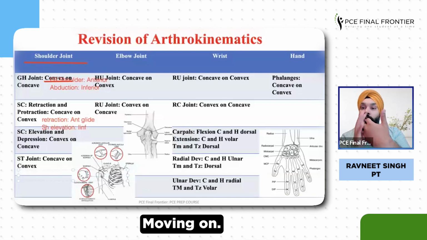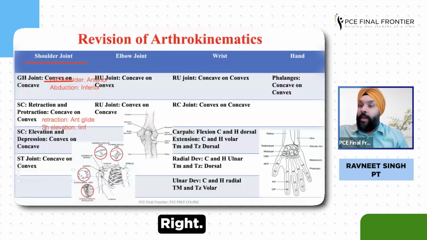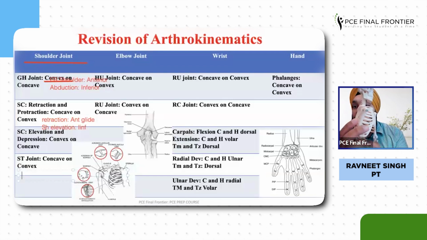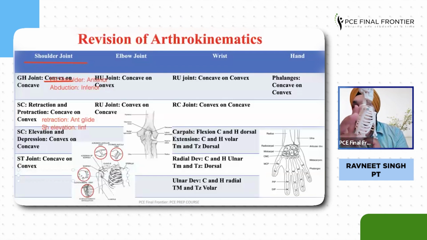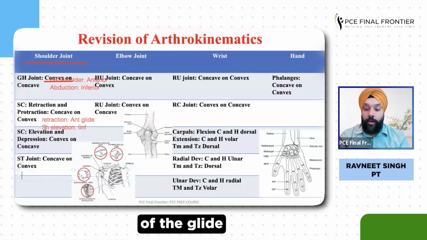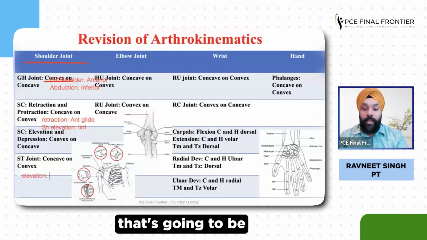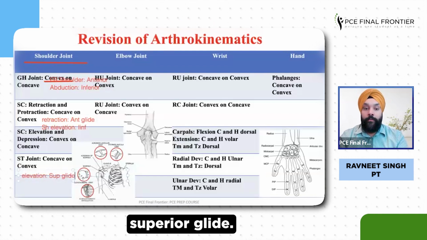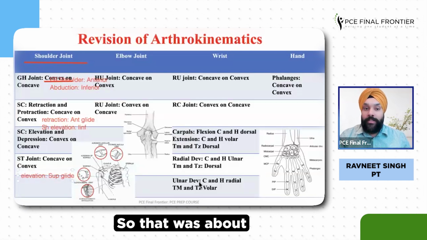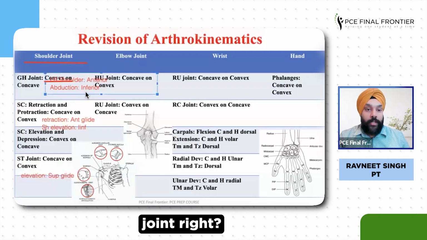That's concave moving on convex, right? So that's gonna be same direction of the glide. For elevation, that's gonna be superior glide. Very good. Great work. So that was about the shoulder joint, right?